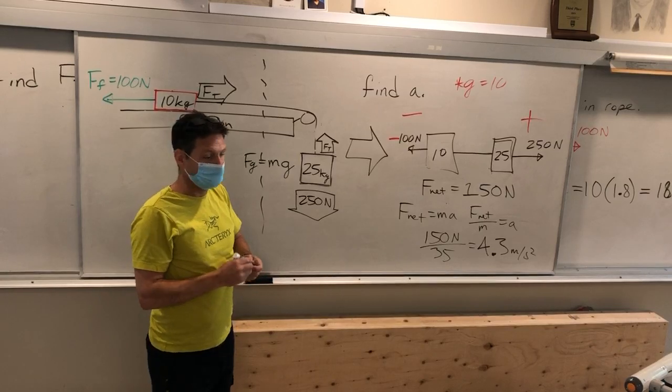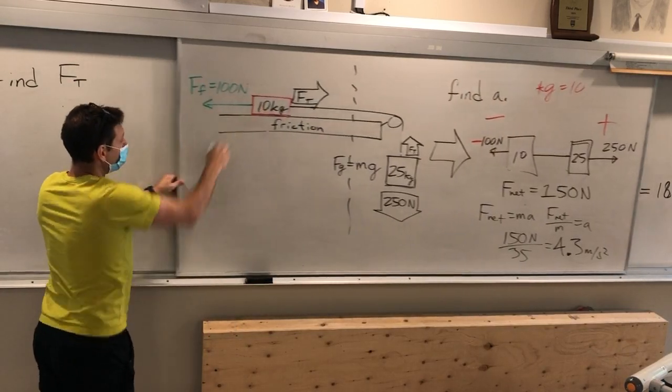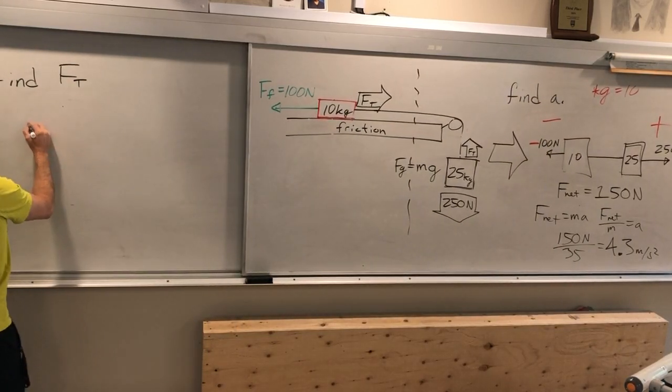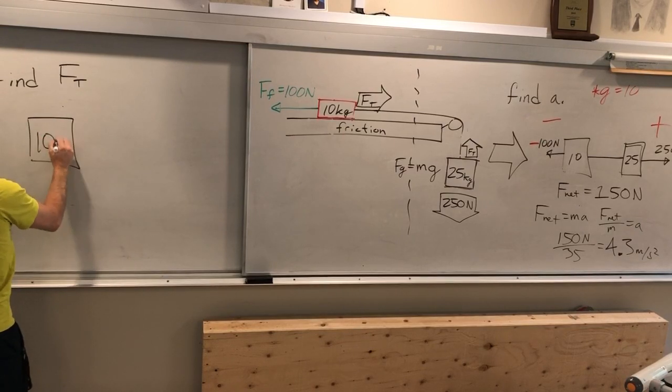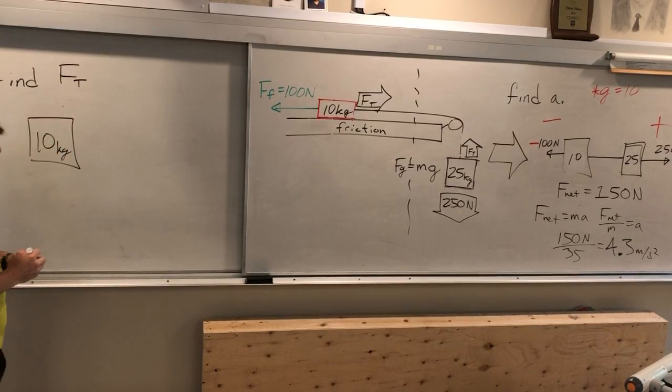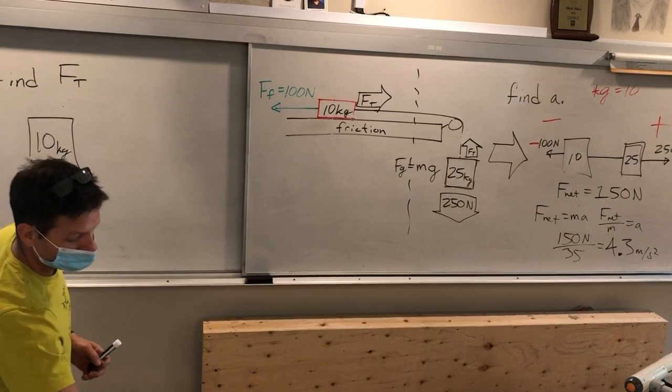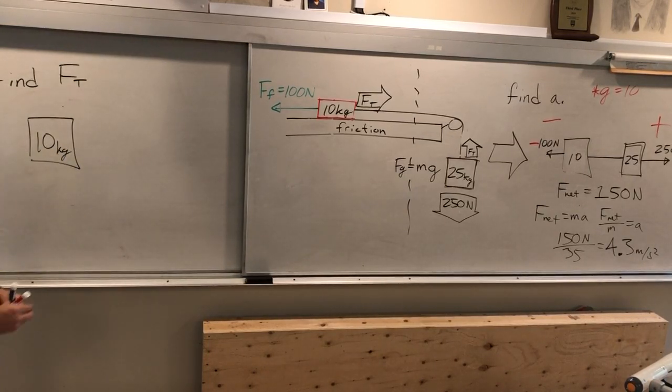So let's do that. I'm going to draw this 10 kilos here. What are the forces acting on the 10? Friction and tension. So you've got friction pulling backwards. How much was it? 100 newtons.